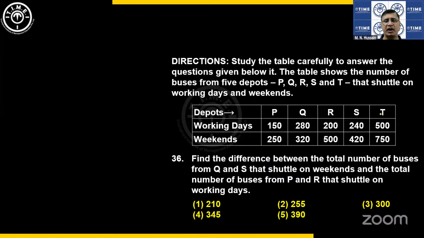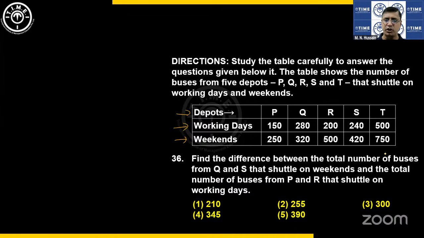If you observe, P, Q, R, S, T are the depots, and the number of buses shuttling on working days and weekends are 250, 320, 500, 420, and 750.